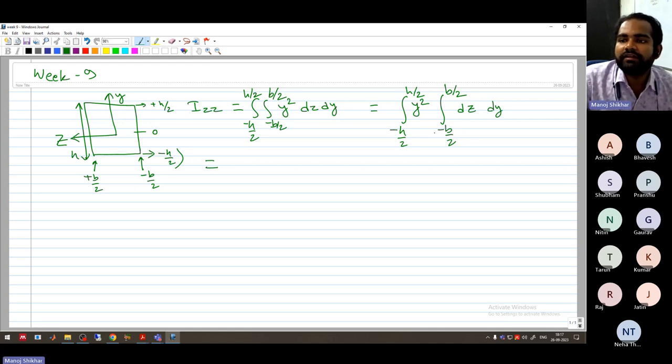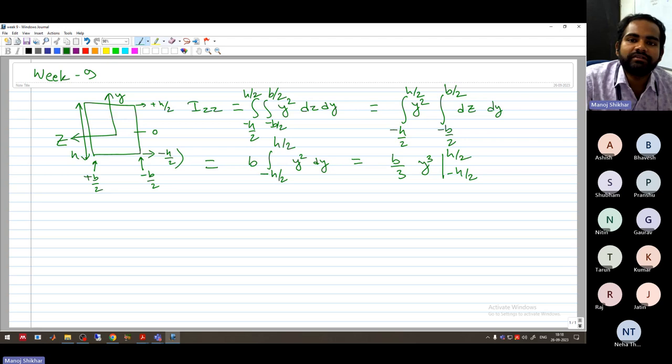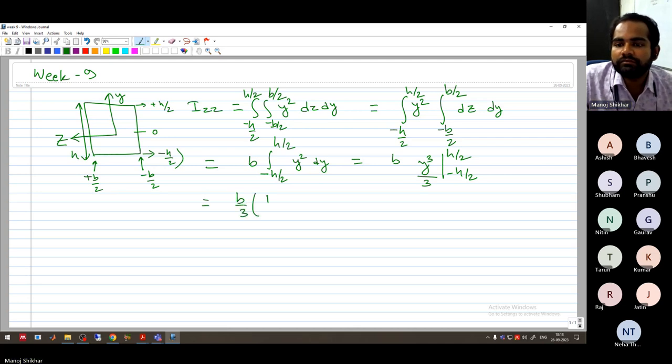From here we will get b, so b times the integral of y square dy, which is b by 3 y cube from minus h by 2 to h by 2. So we will get b by 3 into h cube by 8 minus minus h cube by 8. So this is b h cube by 12.